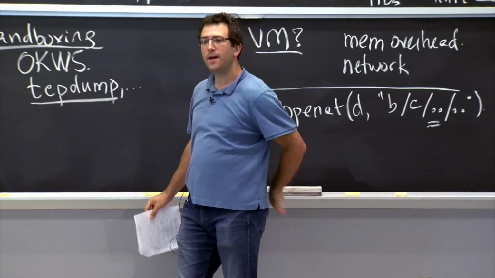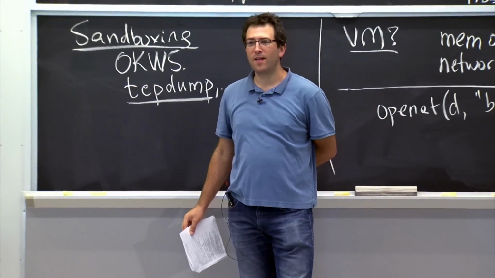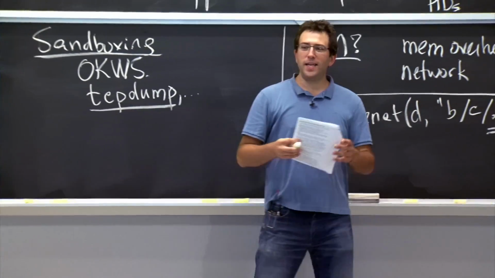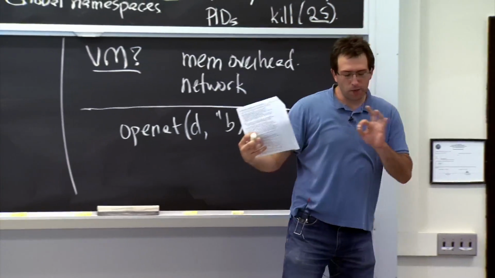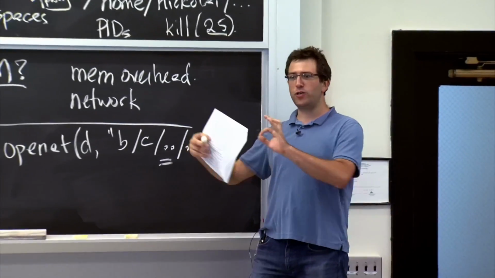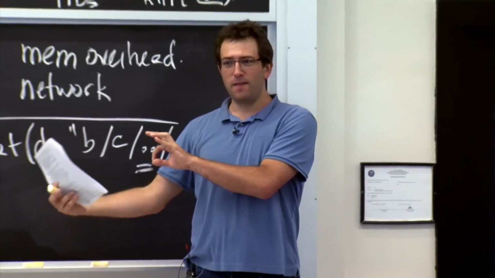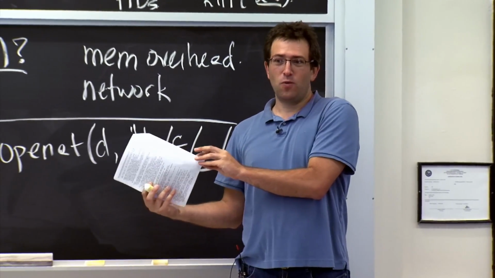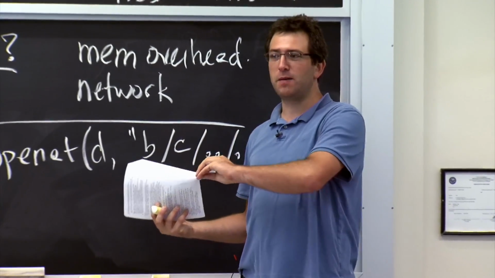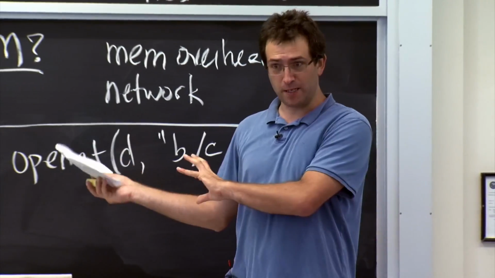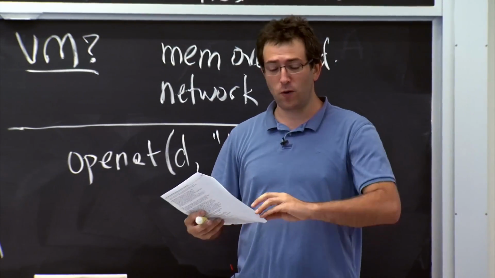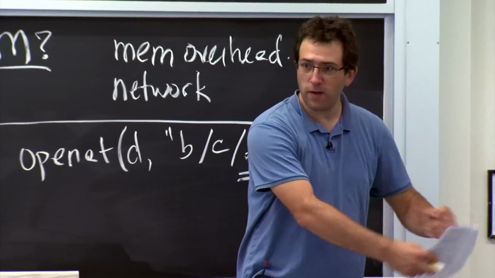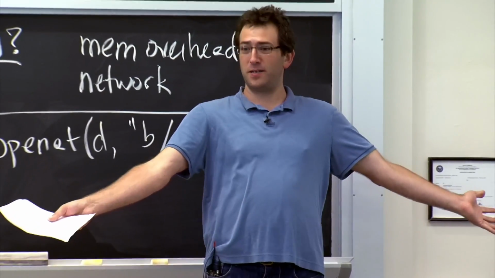Could you please explain again how exactly the user ID matters if you have a capability? Yeah, so I think where it matters is if you have a capability to a directory, the question is, what does that capability represent? One interpretation that some capability systems take, not Capsicum, pure capability systems, is to say, well, if you have a capability to a directory, then of course you have access to all the files in that directory, no questions about it.